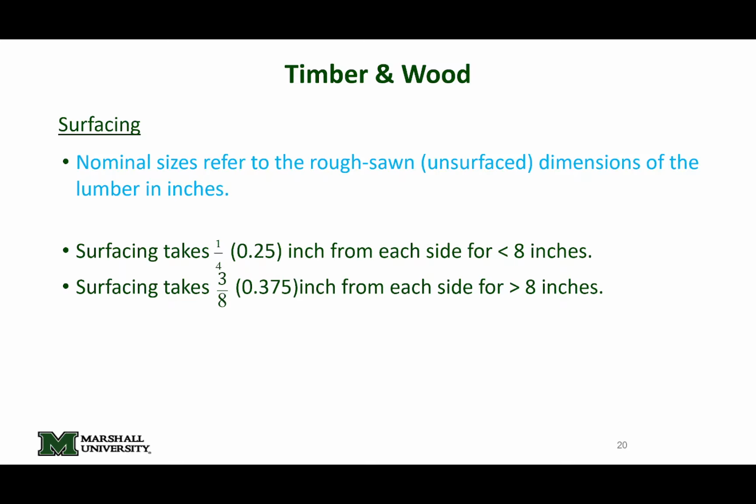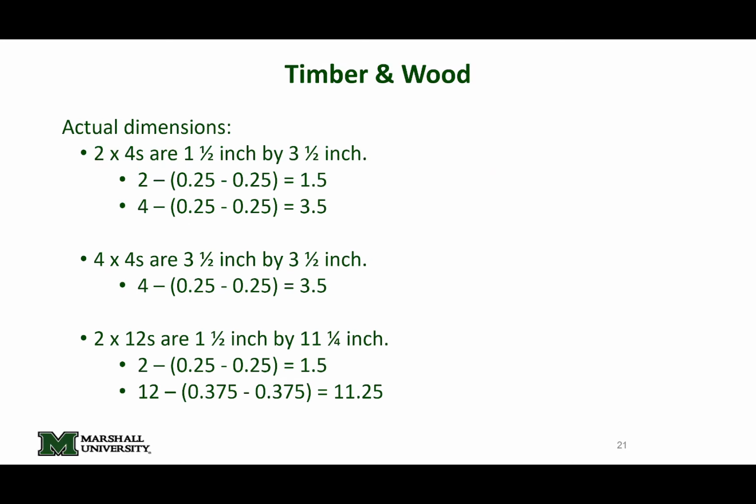And there was probably a little bit of dimensional distortion, so we surfaced that out. For any side that's less than 8 inches, we take a quarter inch off each side. So if it's 2 inches thick, we take a quarter inch off this side, a quarter inch off this side, and we get 1.5 inches. If the side is greater than 8 inches, we take off 3/8 off each side and ultimately arrive at our final dimension.